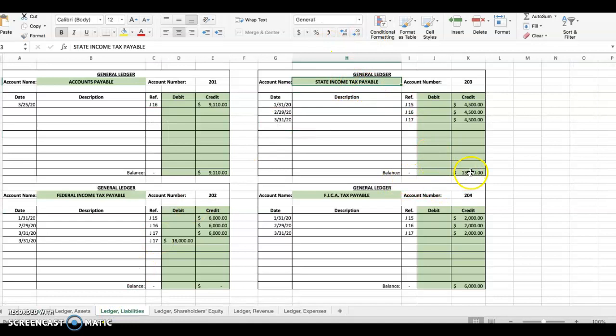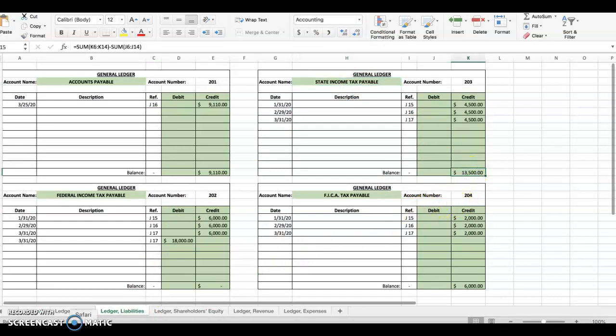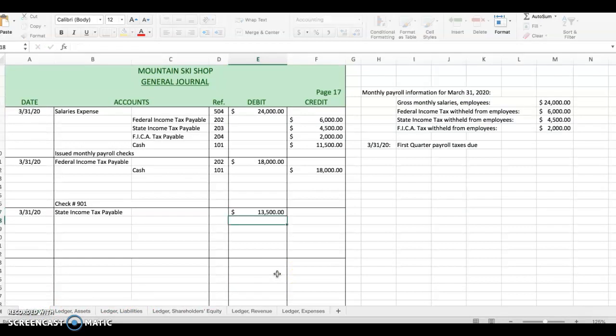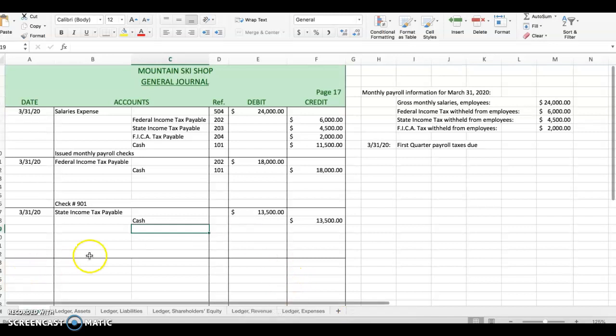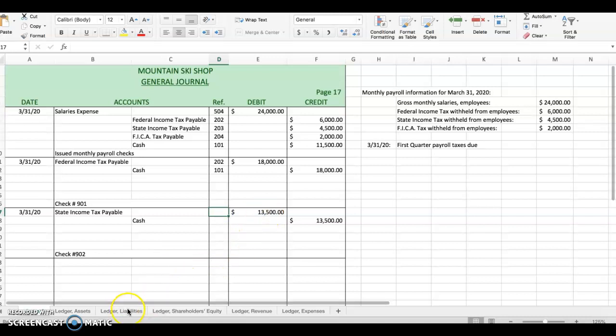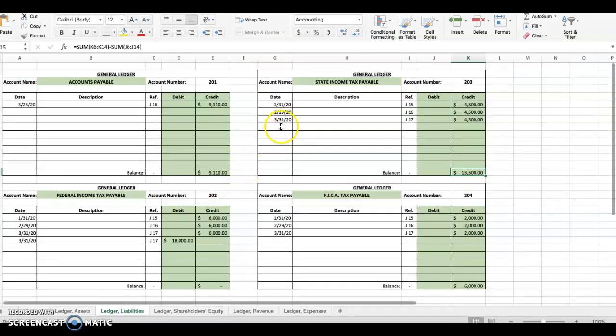We need to pay the whole thing at the end of the quarter, $13,500. So that's what's debited. Once again, cash is credited by the same amount. That's how much we're paying. And this will be check number 902. Okay, and let's post this one, $13,500 to state income tax payable.